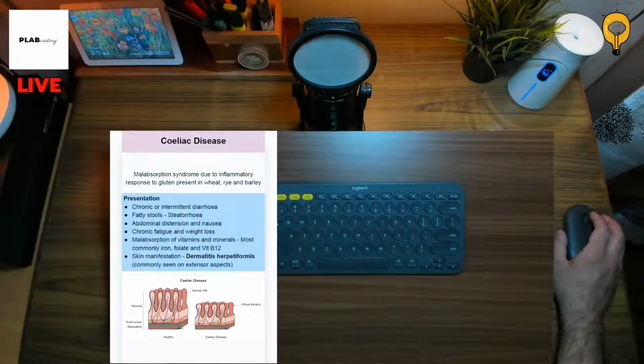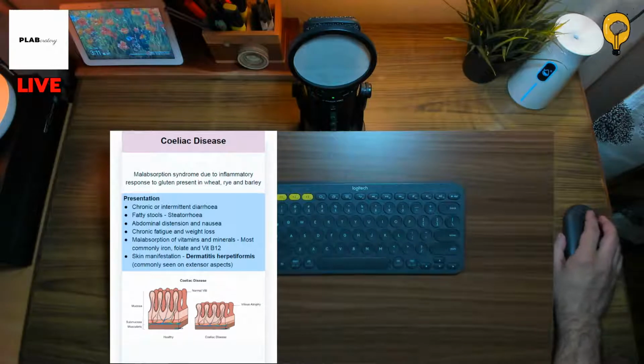Investigations can be specific autoantibodies such as tissue transglutaminase antibodies, which are IgA type of antibodies, first choice according to NICE guidelines, and anti-endomysial antibodies. And second is jejunal or duodenal biopsy.